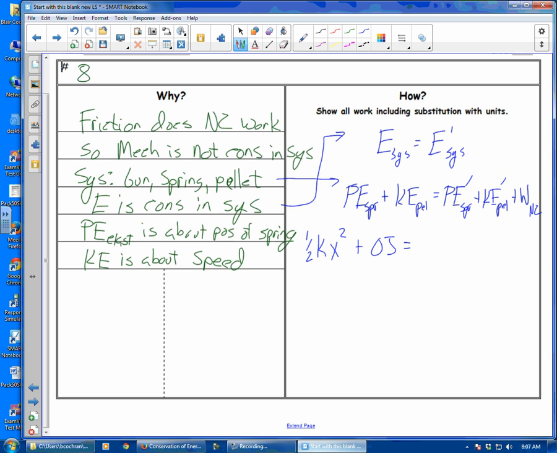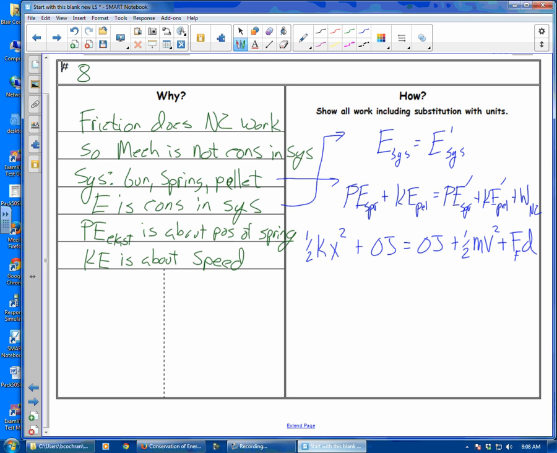Once the spring has fully expanded and it's pushed the pellet down the barrel, how much energy is it going to have still as energy of position? 0. Plus 1/2 mp v squared, plus the work, which is force and distance. And we said it was friction doing that.